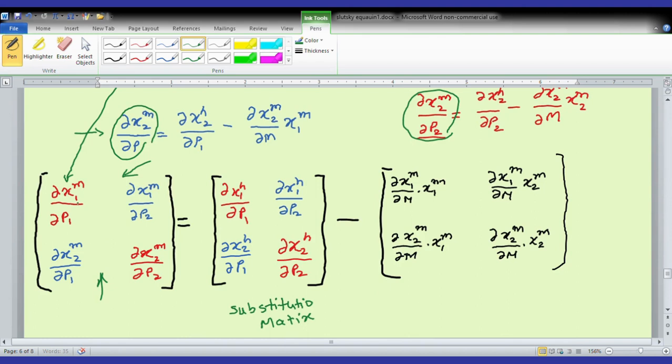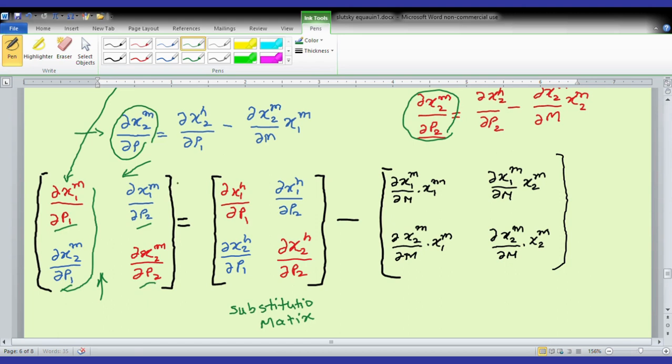So this is the matrix of partial derivatives of the Marshallian demand functions with respect to prices, and let's see that we are maintaining the order in which we had written down these equations. See that in this matrix, the first column consists of all the partial derivatives of the Marshallian demand functions for good 1 and good 2 with respect to price of good 1, and the second column consists of the partial derivatives of the Marshallian demand functions with respect to price of good 2.